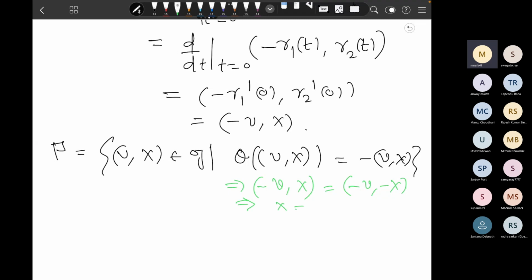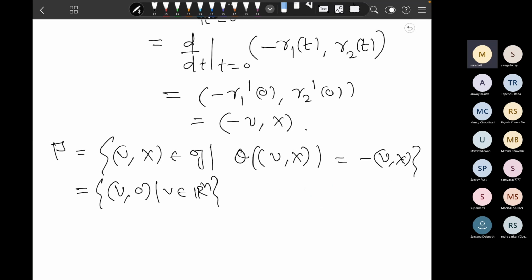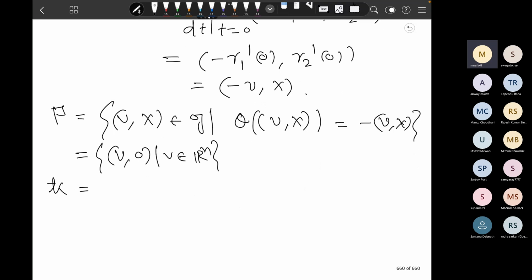This implies P you will get as (B, 0), so that B belongs to R^n. Similarly, K you will get this thing (0, X), so that X belongs to so(n). You can do that calculation.